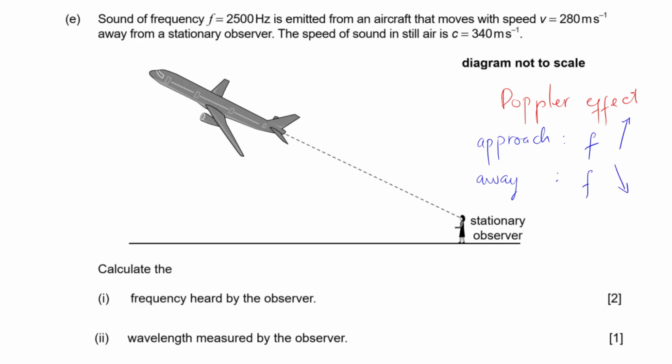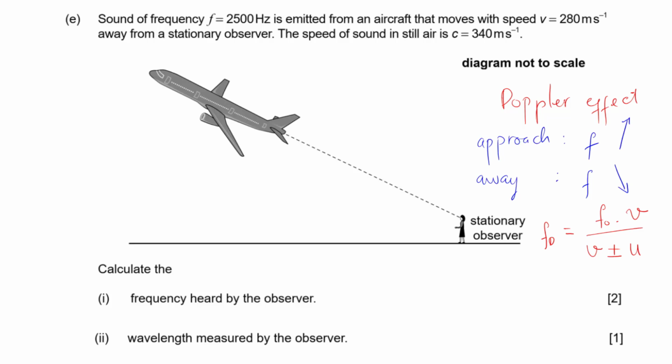The equation for the Doppler effect is that the Doppler frequency fd equals the stationary frequency multiplied by the speed in the medium divided by that speed plus or minus u, which is the relative velocity between the source and the receiver. The negative sign is used when they are approaching each other, so that the bottom number is less and therefore the frequency gets higher.